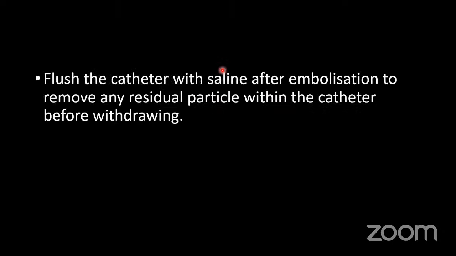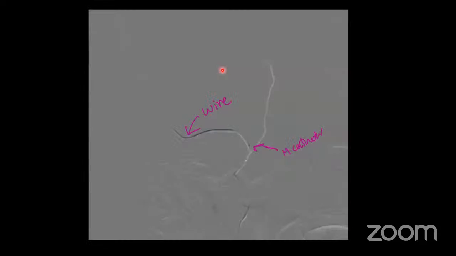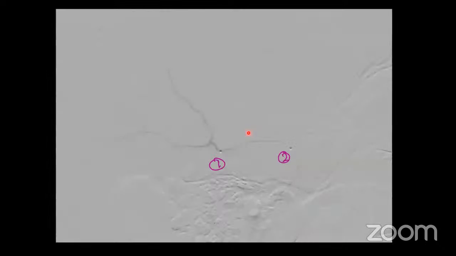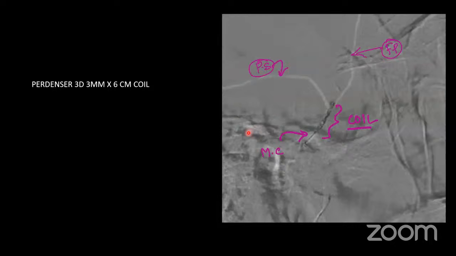So remember to flush the catheter in order to remove any residual particle. And then we will cannulate this branch with the wire, and microcatheter will be pushed, and we will embolize that branch also.